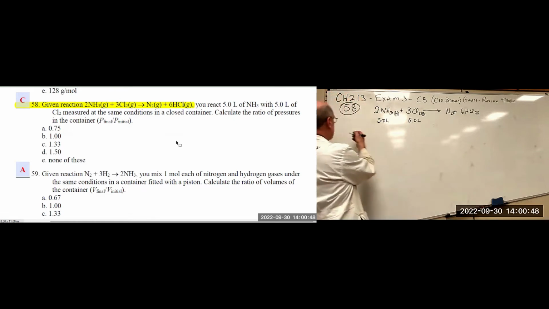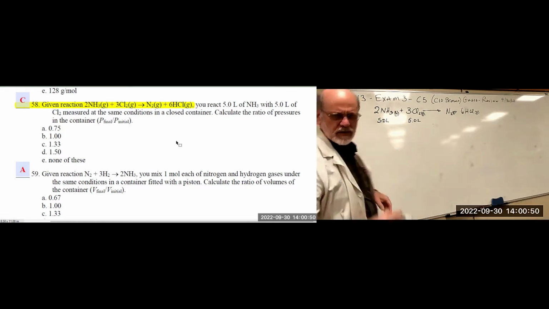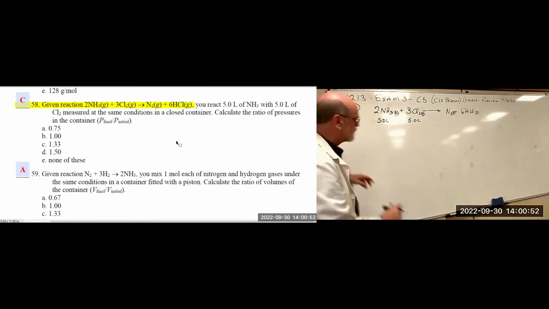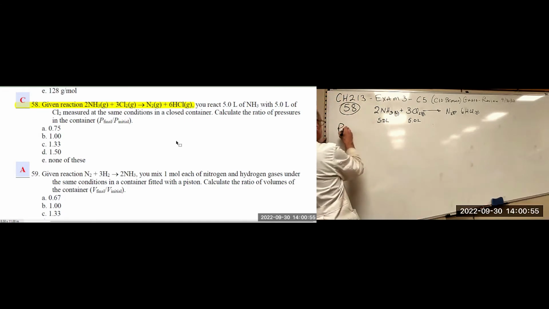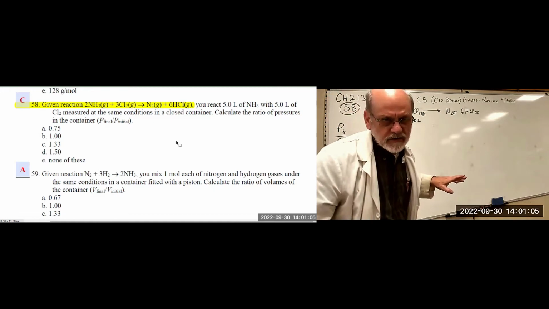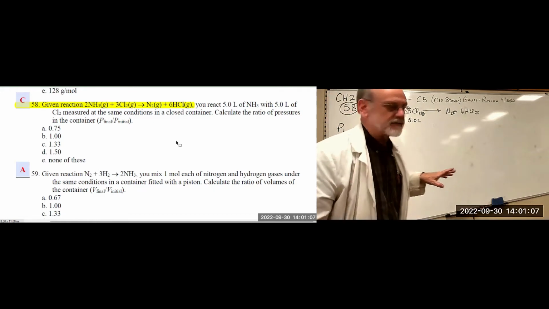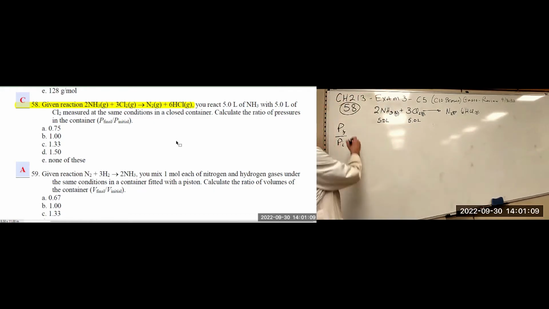And what it's asking for is the ratio of pressure final versus pressure initial. Pressure final, pressure initial. This ratio, all other factors being equal, which same conditions, yes, all factors being equal, this ratio is also final moles over initial moles.